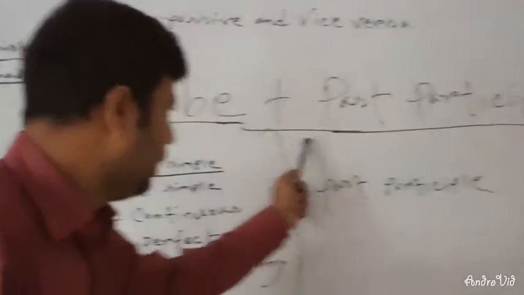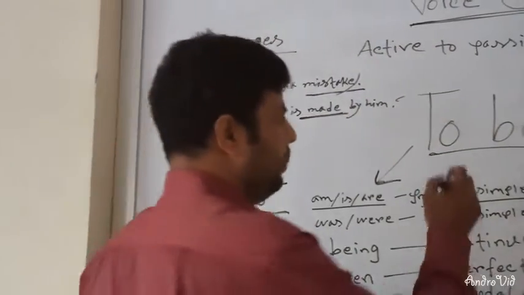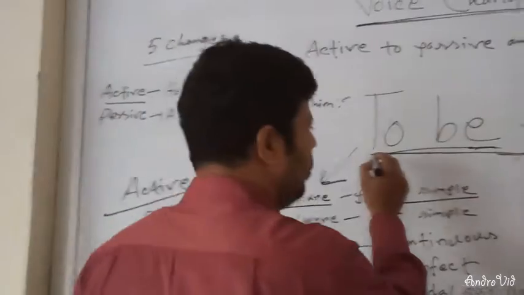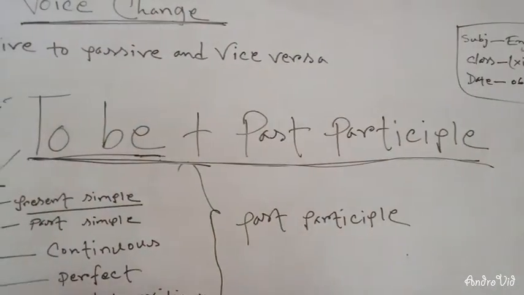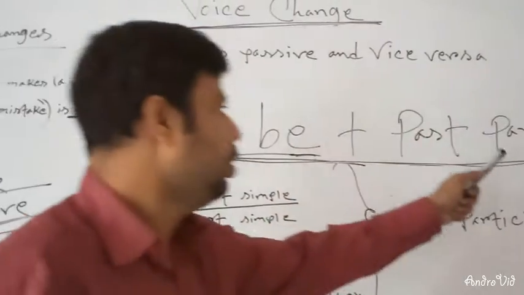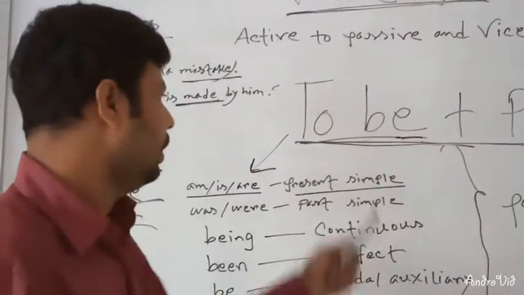So, dear students, I will talk about how to make passive voice from active voice. In order to make a passive sentence, we have to remember this core rule: you have to put a to be verb and you have to put the past participle form of the verb.